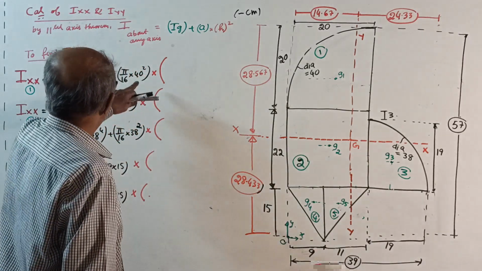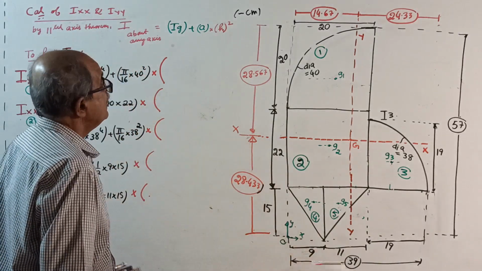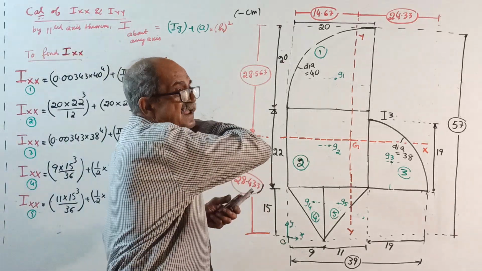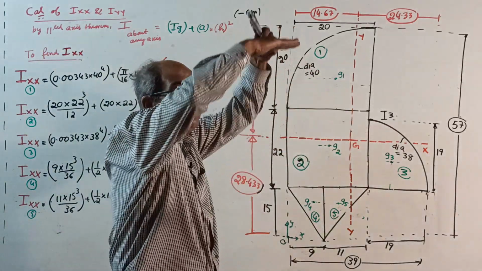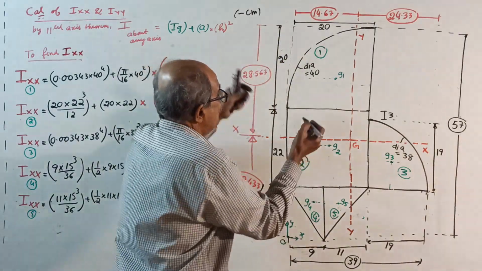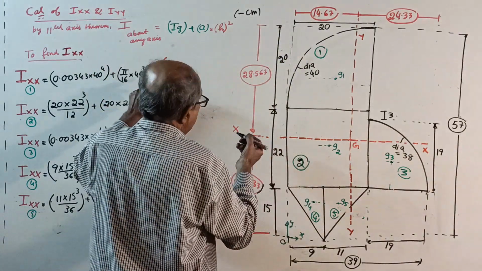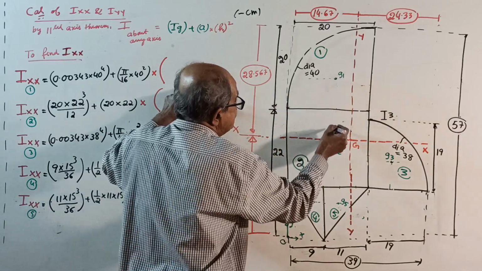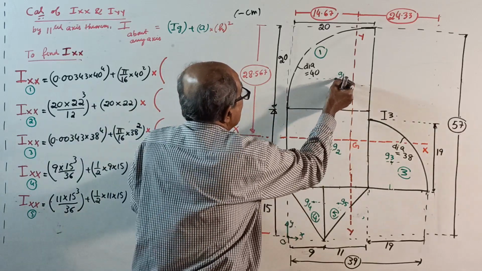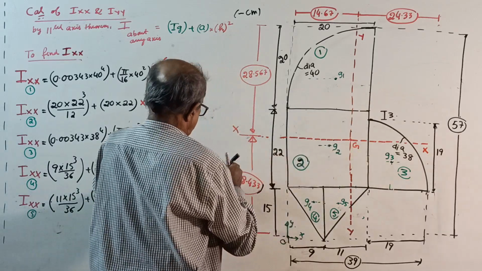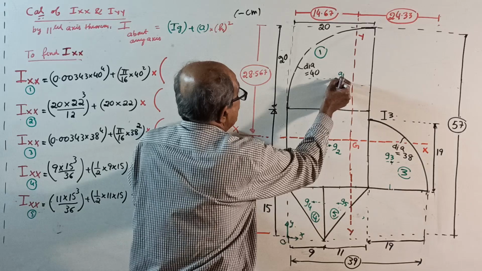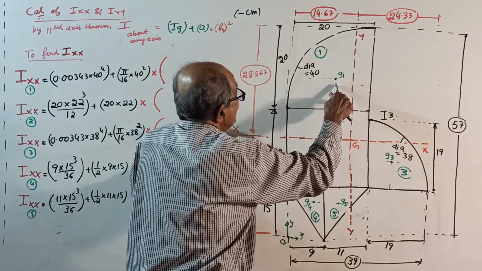Plus area. Area I will not explain. Into I about x-axis, all perpendicular square. See, Ig plus area into this distance square, from centroid to xx.